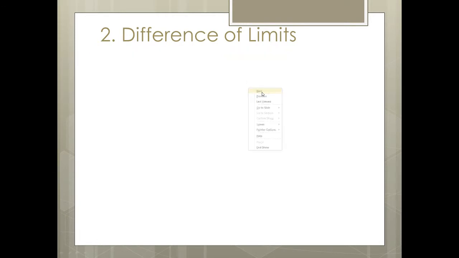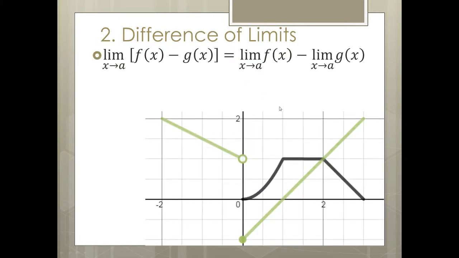All right. We'll illustrate again from here. Let's say g of x is the green line, and let's take the limit as x goes to 1 of f of x minus g of x.